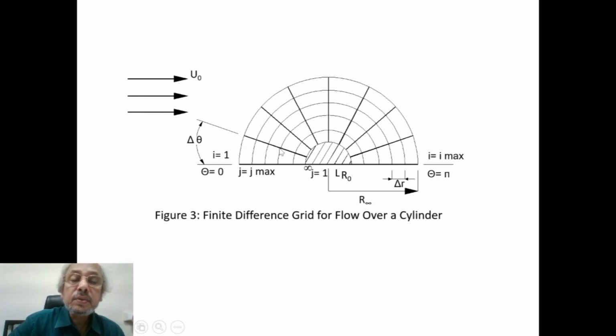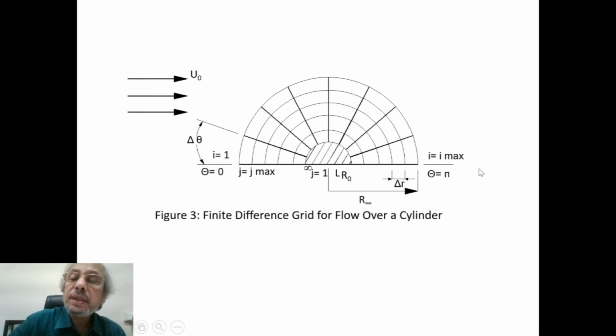And this is with respect to this grid. You can see r0 is the radius of the cylinder, and r infinity is far away from the solid body. I have just given an example schematically.